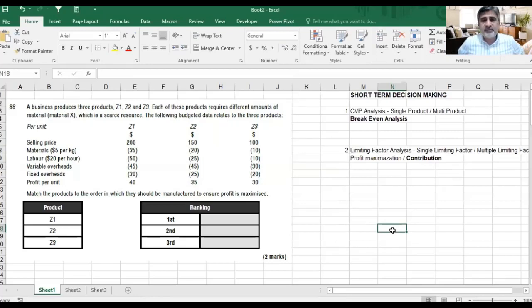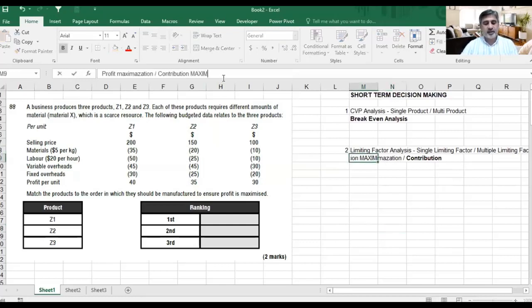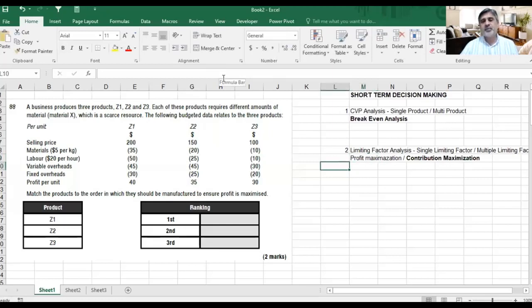I'm sure that you have watched that video. But the idea I want to tell you is that here the focus is on contribution maximization because fixed costs remain the same in the short run. So this is contribution maximization. This is your second topic from your decision-making section.